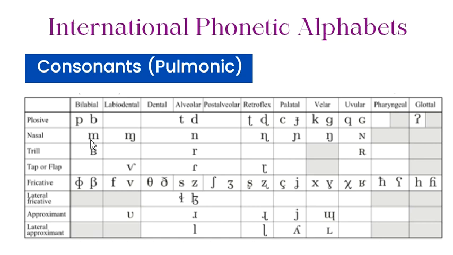I don't want to go deep into this concept, but my purpose in introducing you to the International Phonetic Alphabet is that if you want to develop your communicative English skills, you have to develop your pronunciation. In order to develop your pronunciation, you must be able to use the phonetic alphabet and phonetic guides. I'm sure most of you have English dictionaries, maybe Oxford or Cambridge or whatever dictionary you have.